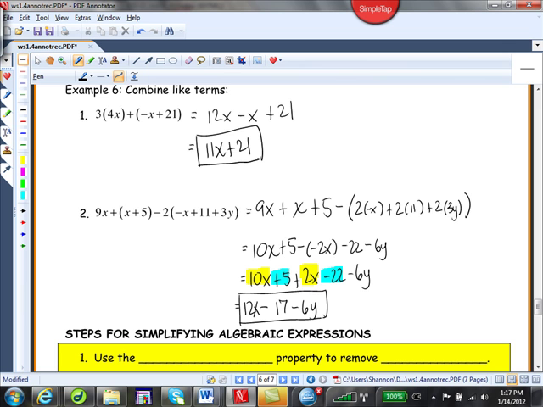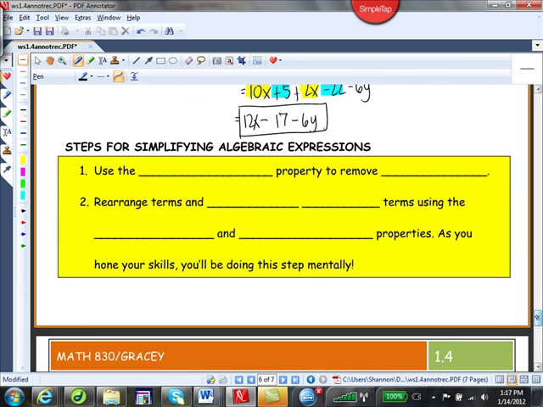So here's some steps that you can follow for simplifying algebraic expressions. Use the distributive property to remove parentheses. Rearrange terms and group like terms using the commutative and associative properties.